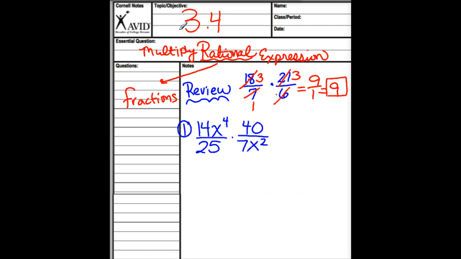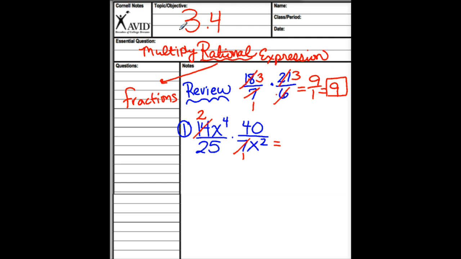So the only thing I've done differently from the review problem is I threw some x's in there, so that shouldn't cause you any problems. I'm going to cancel common factors top to bottom. Is there anything in 14 that is living on the bottom? And you should spot that you can cancel a 7 out of these. When I divide by 7, I get a 2. Down here, I get a 1.